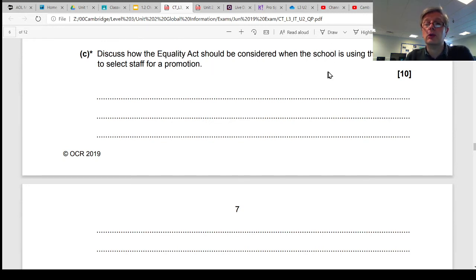We're talking about a school, we're talking about staff, and we're talking about promotion. So all of the answers to the question should relate to the school, the staff who work at the school, issues surrounding promotion, and what needs to be considered that is covered by legislation in the Equality Act.